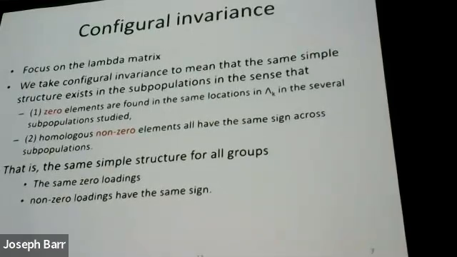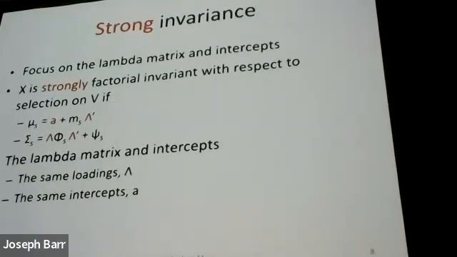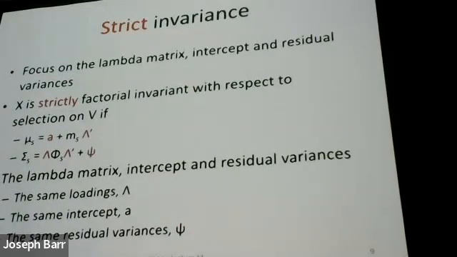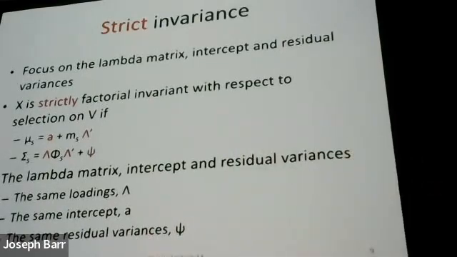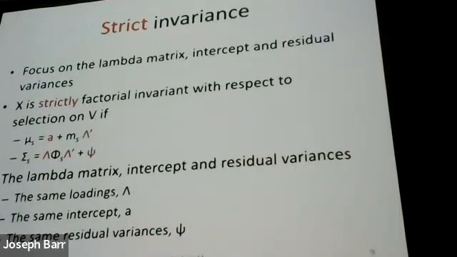If this test is passed, then do this test. And again, if this test is passed, then do the strict one, because strict has more conditions. In addition to lambda and A, we also have psi. We have to make sure that residual variances are the same across groups, so there are more conditions to test.